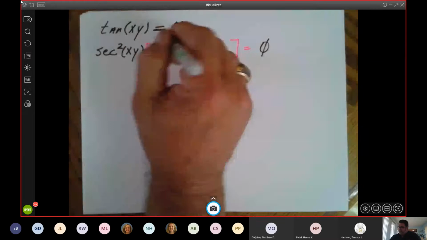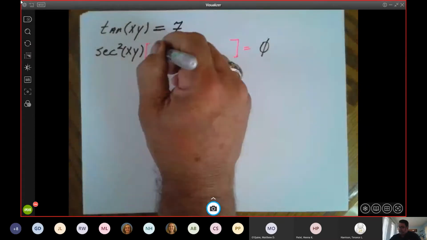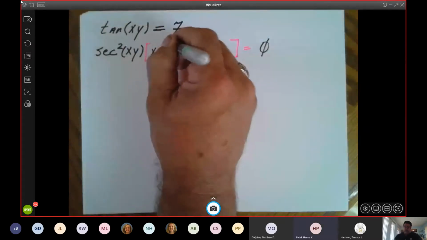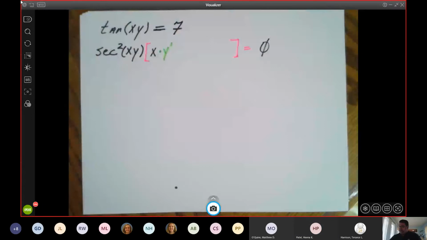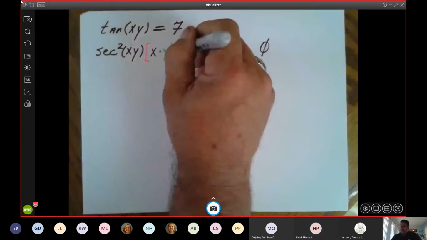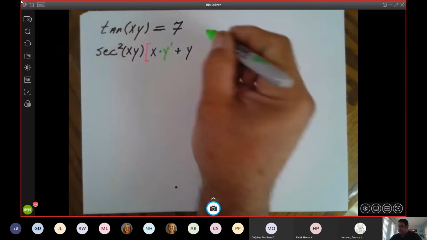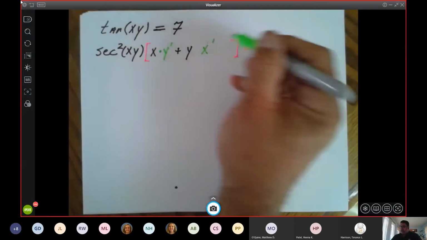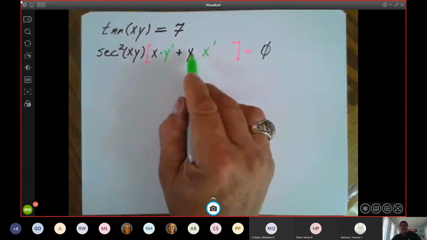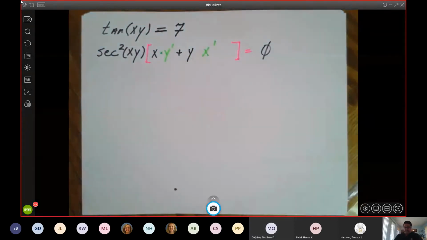First times the derivative of the second plus the second times the derivative of the first. See, this gets a lot of students right here. They want to take the derivative of that y again. And you can't do that because it's in black.